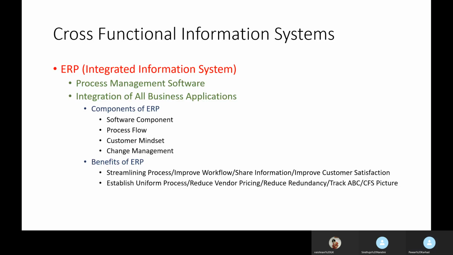Okay, so what will improve here is it will improve the workflow and customer satisfaction. It will reduce vendor pricing and redundancy. Then what additional it will do is it will do ABC analysis, consolidation of data, streamlining process, establish uniform process and share information. Okay, if you want you can make a memory technique for this.